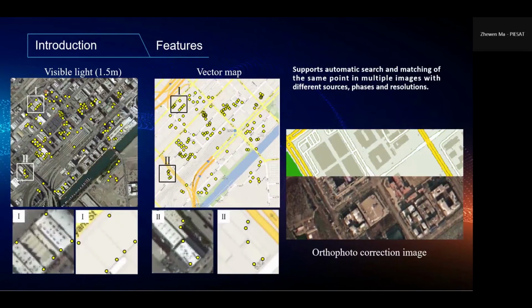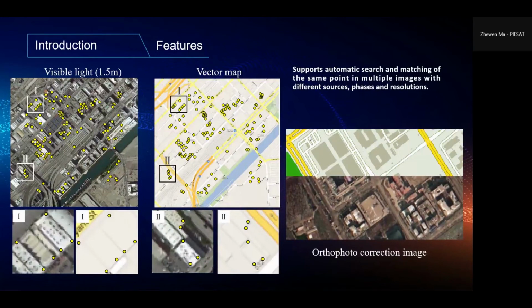More examples. This one shows doing the same matching and joint block adjustment for the same name point between the visible light image and the vector map image. And on the right, it shows the matching result after the orthophoto image correction.